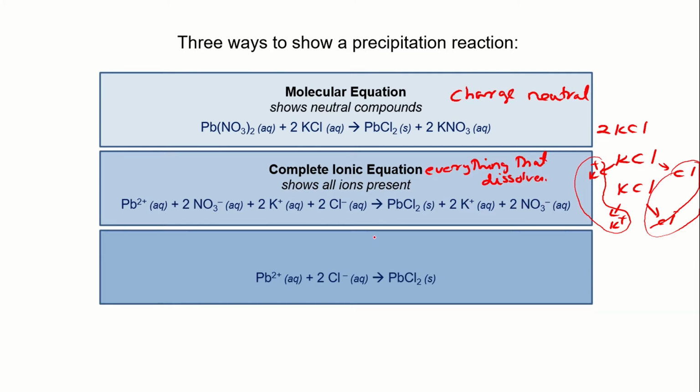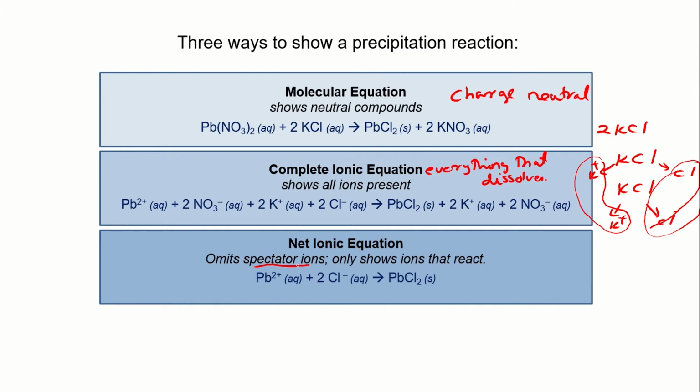The other way we can represent these precipitation reactions is by the net ionic equation. How do we get the net ionic equation? By removing the spectator ions. So what is a spectator ion? The spectator ions are the ions that do not participate in the reaction actively.